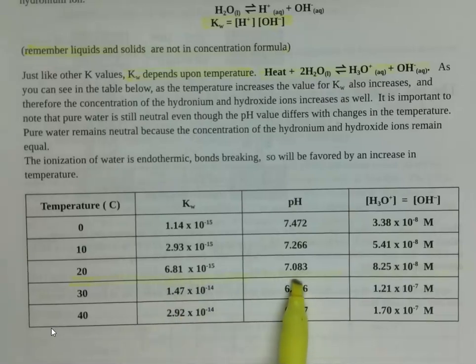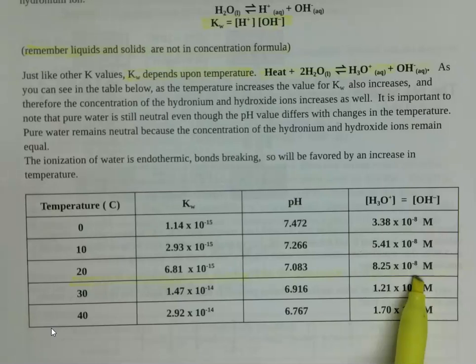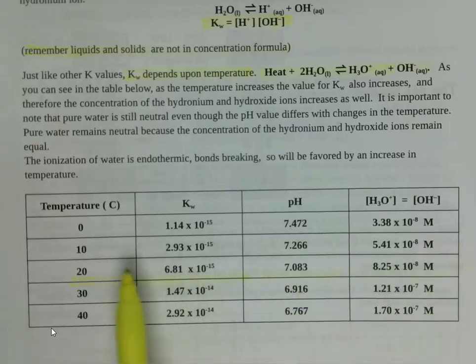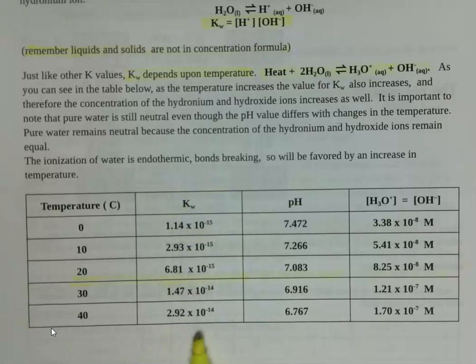It has a pH of 7. And then what would happen over here is you would have 7 and 7 for your concentrations. Now, the thing to take away from this is, one, pH is temperature dependent. If the temperature is not 25, it will affect your KW. It also affects your pH.